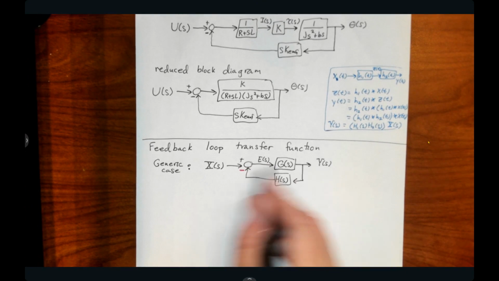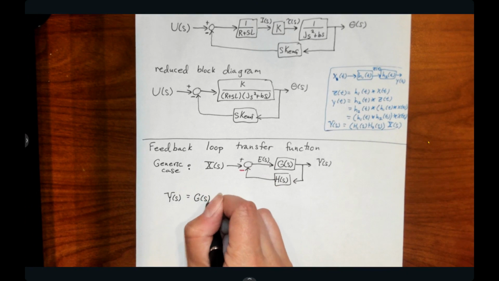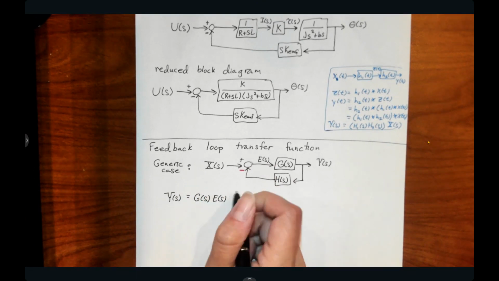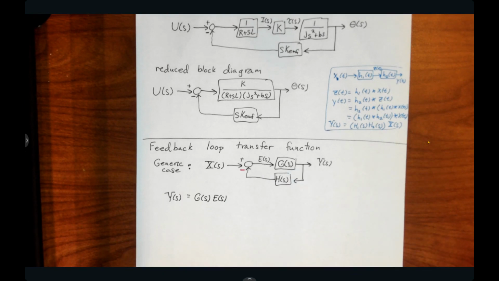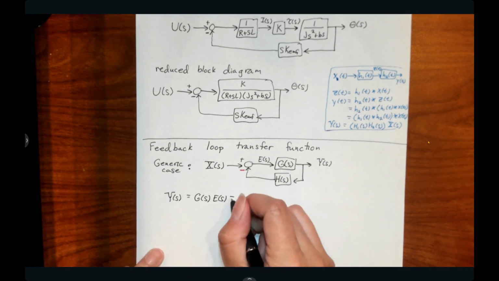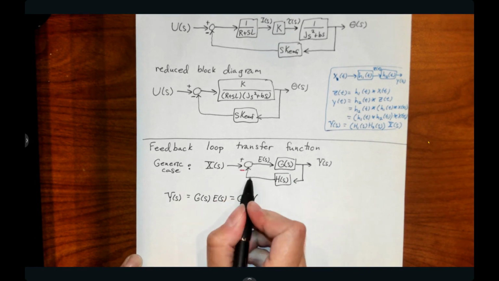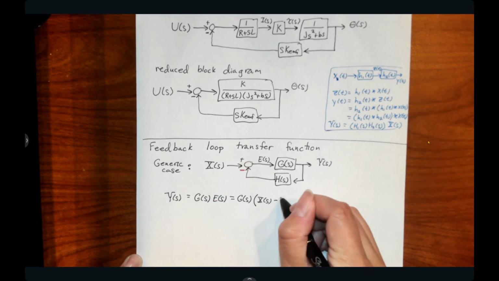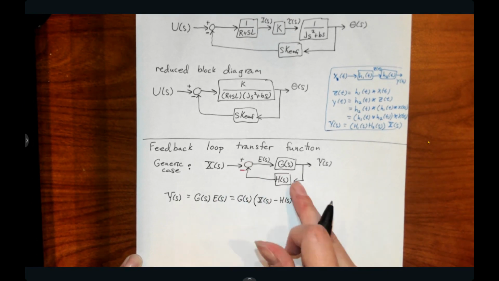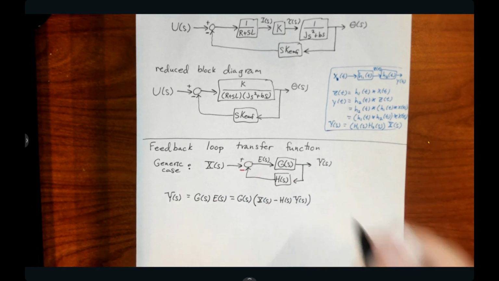All right, so let's figure out what this would look like. Well, we know our Y of s is G of s, E of s. We get that output by passing through that transfer function. Our E of s, we make a substitution there. We know it is the difference: we have X of s minus H of s, and what's passing through H of s is Y of s.